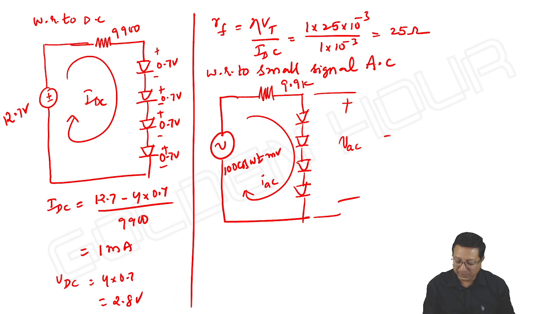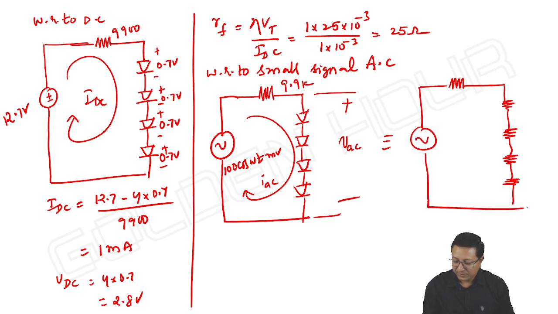Further, what is the equivalent circuit? We can write, instead of each diode, RF. Earlier I explained with respect to a single diode.